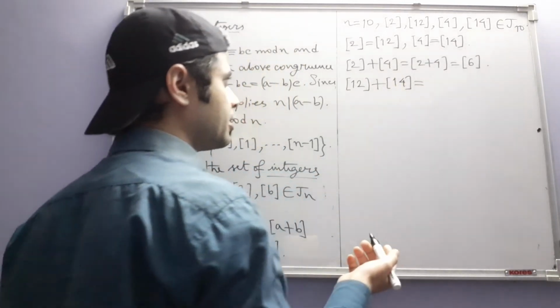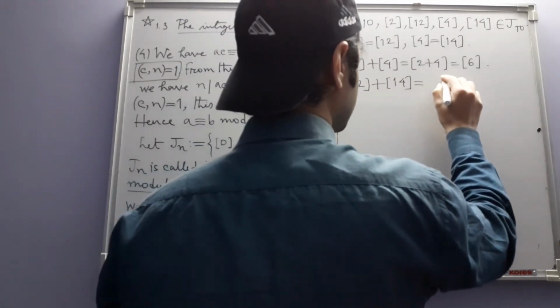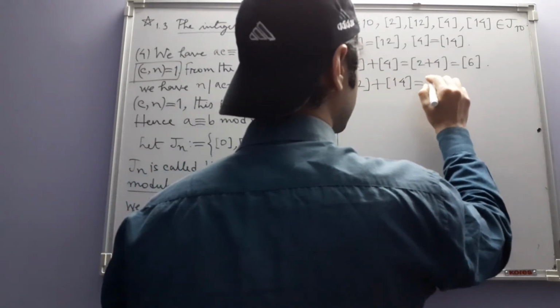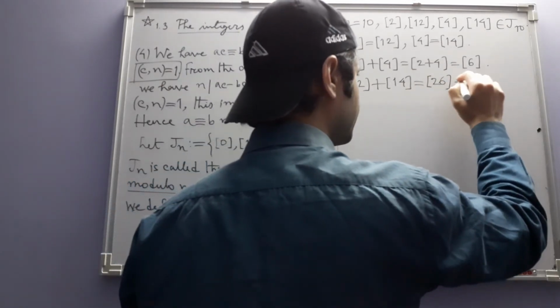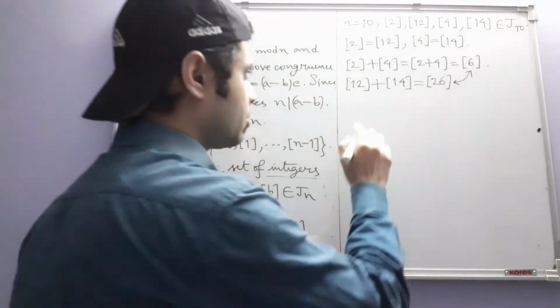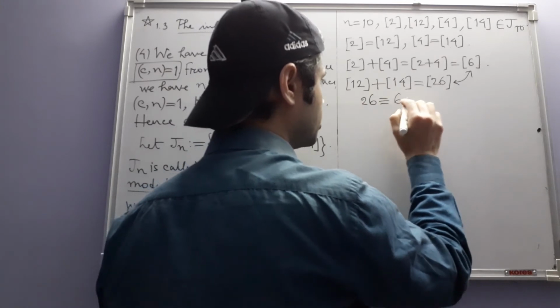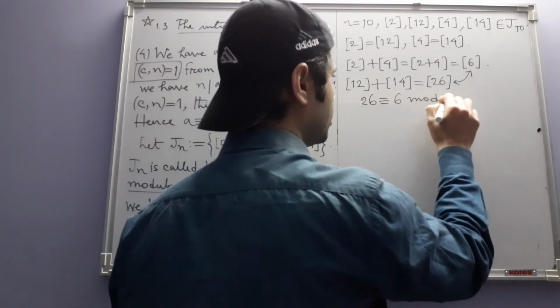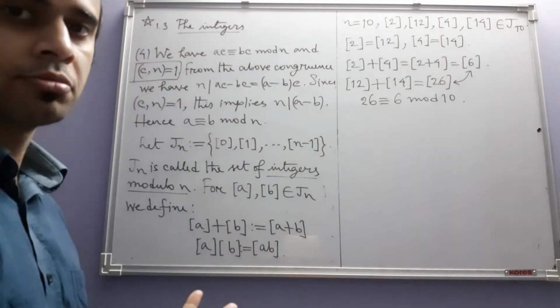I can keep 4 here also, but let's just see the wild case. So this is 26. Now it better be the case that these two are equal. In fact, they are equal, and that follows from this congruence. 26 is congruent to 6 modulo 10, because 10 divides 26 minus 6, which is 20.